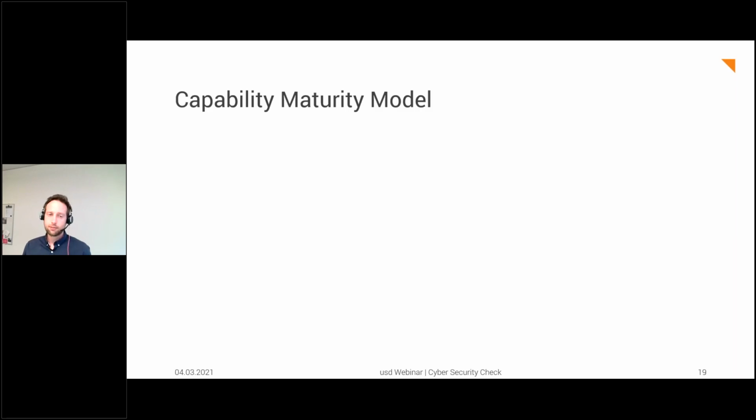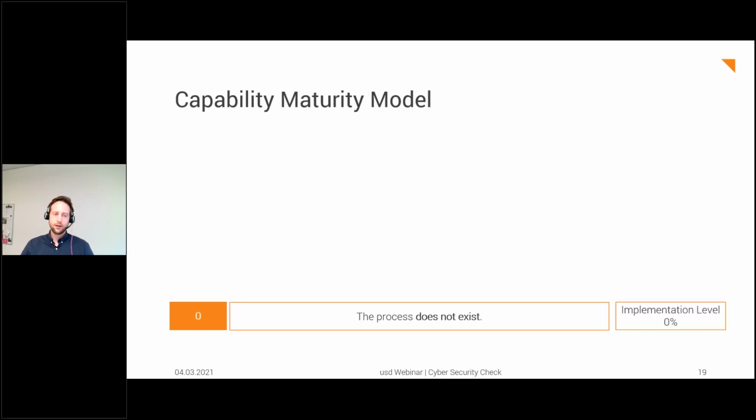So you can customize a little bit to make sure there are some small differences where you can point out what the maturity is at the end of the day. We usually go with something between 0 and 5, where 0 would be that the process just does not exist. If you don't do penetration tests, that would be a 0.